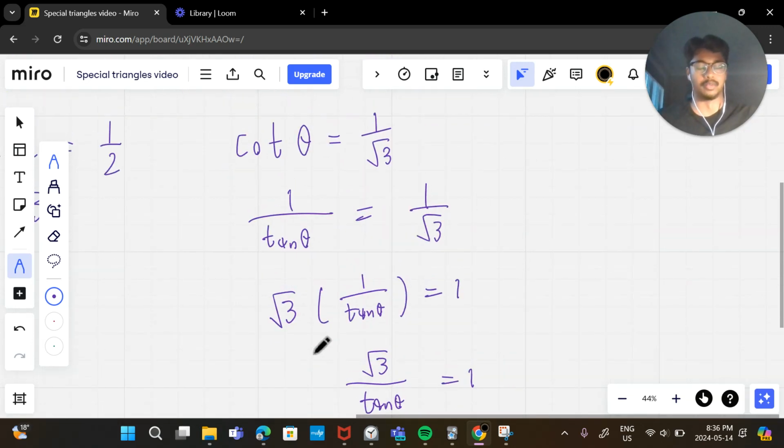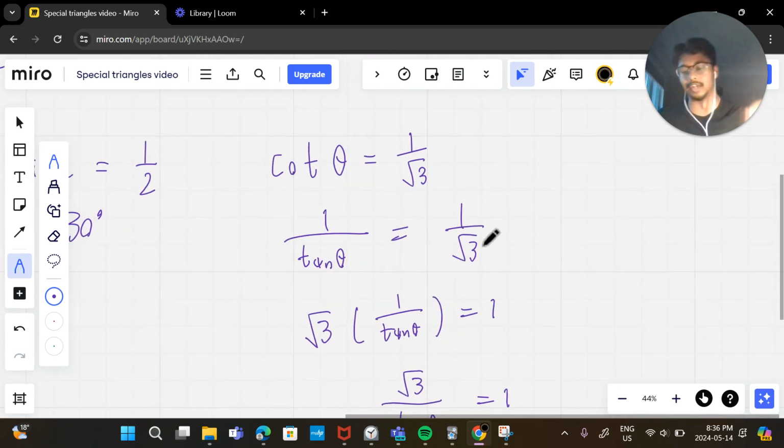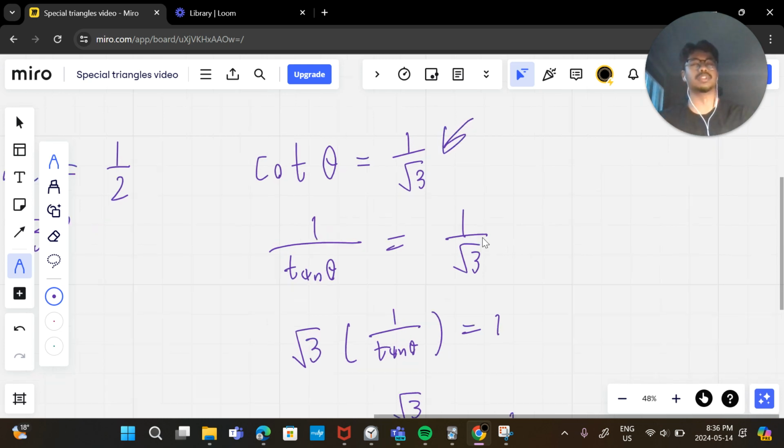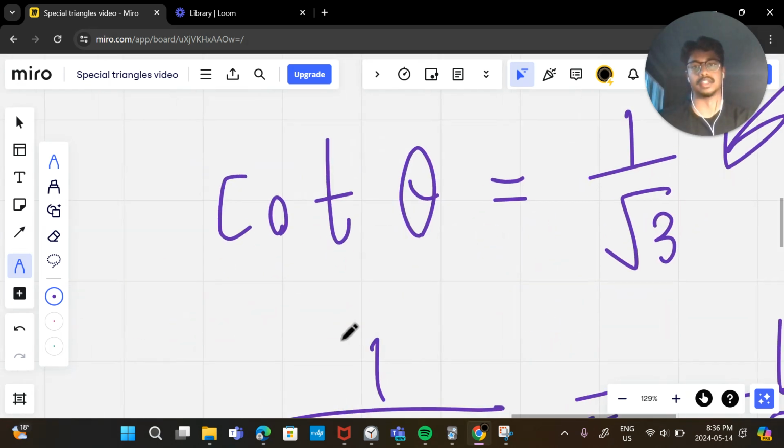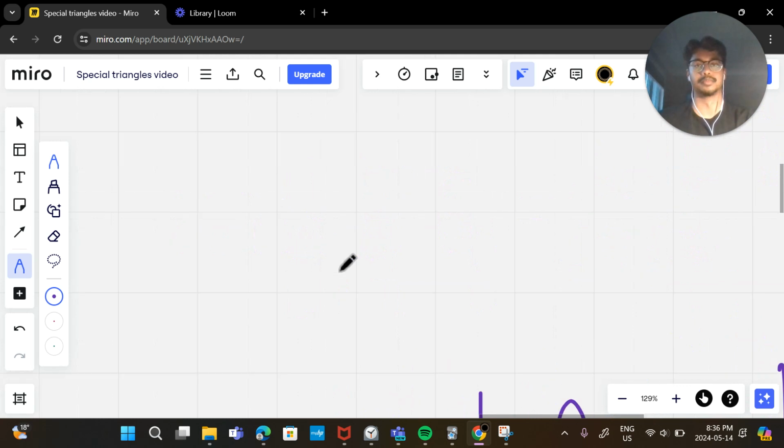But I also want to relate this back to our lesson. I want to remind you that you can do math in many different ways. One thing you could do is recognize that you have 1/√3 over here, 1 divided by square root 3. That is one of our trig ratios, but the only difference is that we're working with cotangent, not tangent.